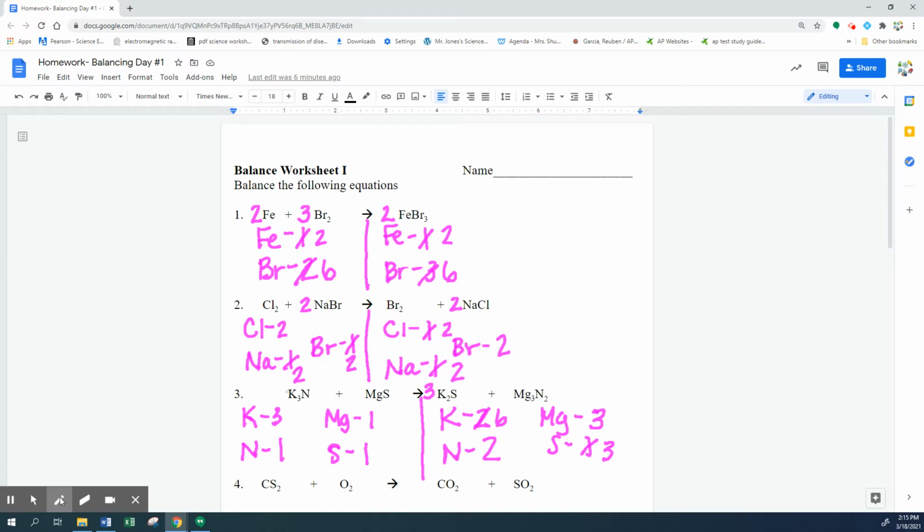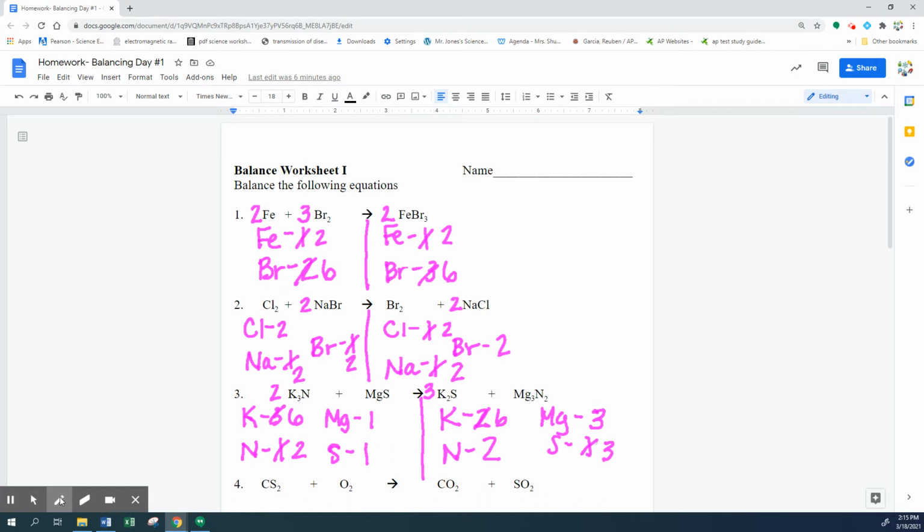Over here, in order to get potassium to 6, I need to multiply by 2. That changes my potassium to 6. It also changes my nitrogen to 2. So right now, our potassium balances and our nitrogen balances.